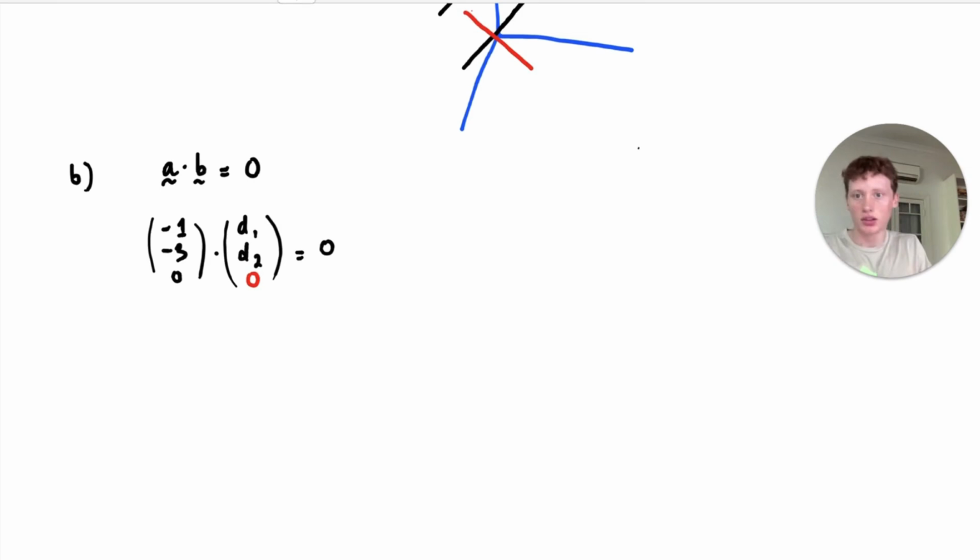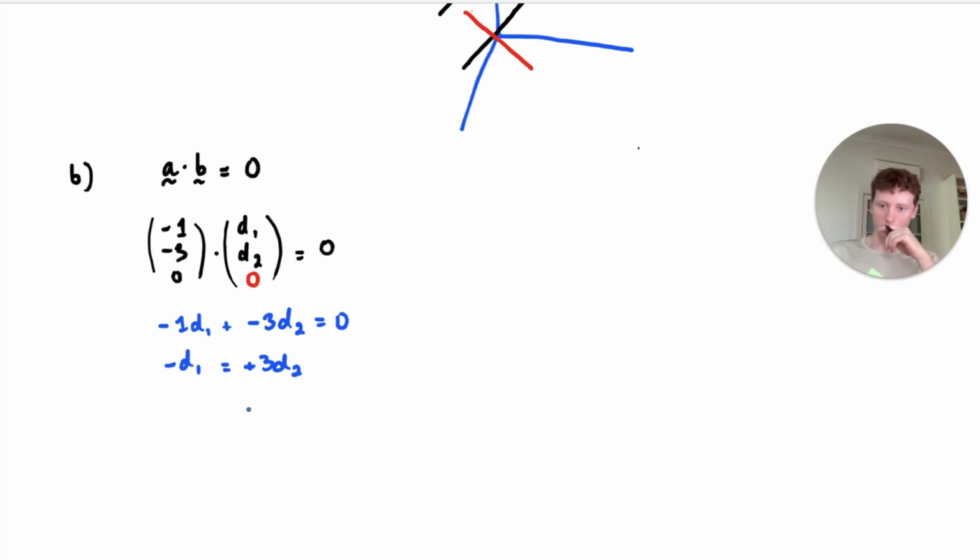Okay, so onto our scalar product here. That will move to -1 times d1 plus -3 times d2, and that is to equal 0. If we rearrange this, we can move our -3 to the other side, so we've got -d1 equals +3 d2.